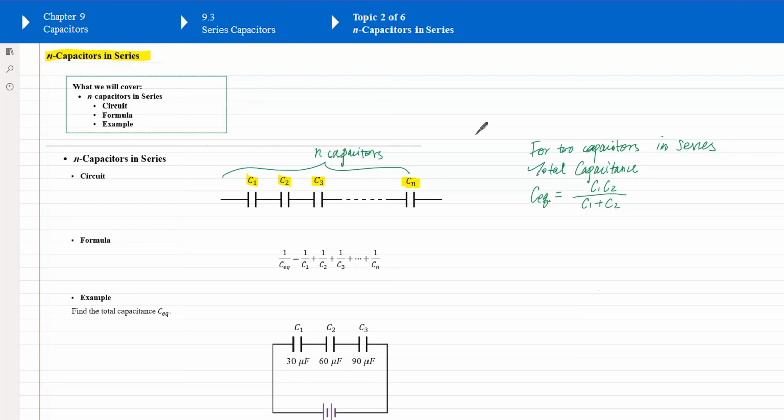If you remember, this pattern, this structure is the same as the formula for finding the total resistance of two parallel resistors. That is Req equals R1 times R2 divided by R1 plus R2.